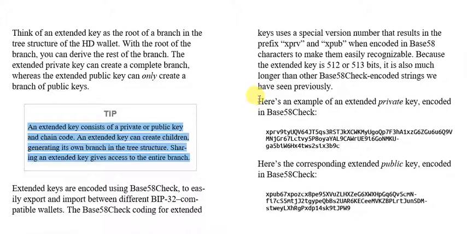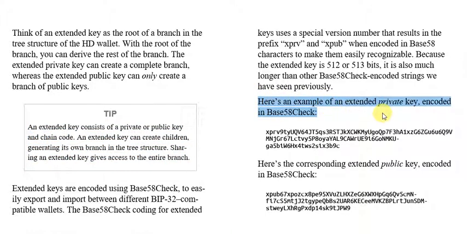we have seen previously. Here's an example of an extended private key, encoded in BASE58CHECK. XBRV9 TI UQV64JT5QS3 Ars Jakes Cook Myukok 7F3HA1XZG6ZGU6U6Q9 VMNJGR67LCTVY5PA Toil YAL9 Core 9I6 Gun Kika 5 by W6HX4TWS2SIG.